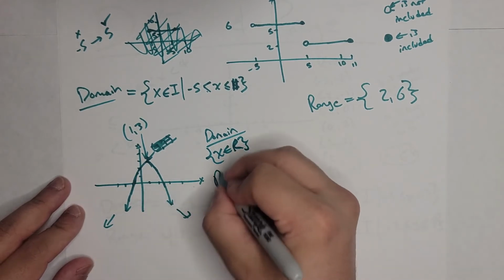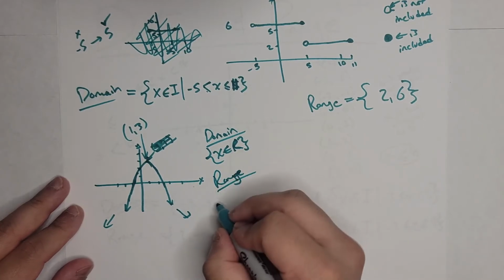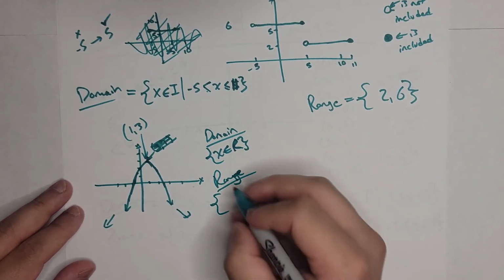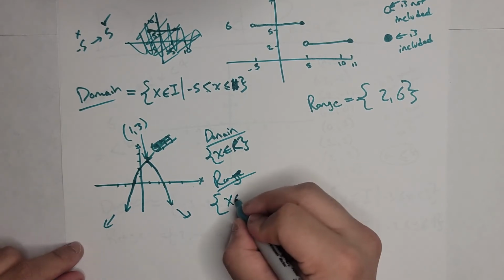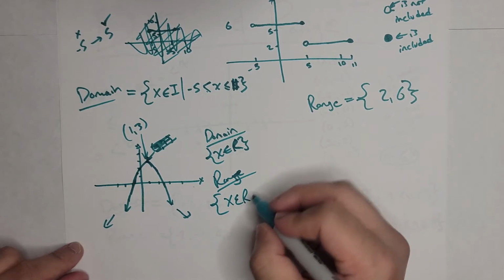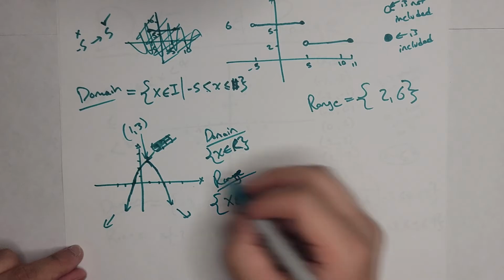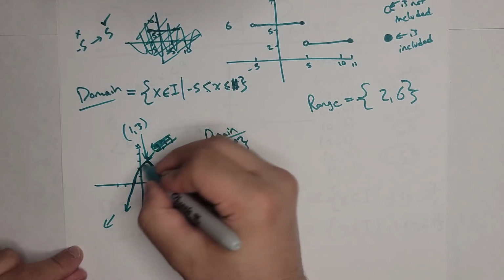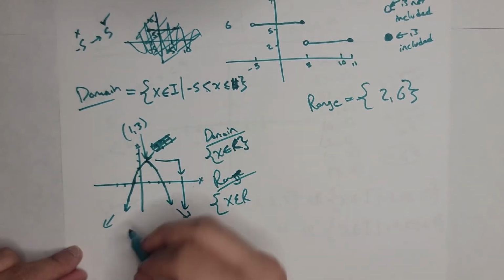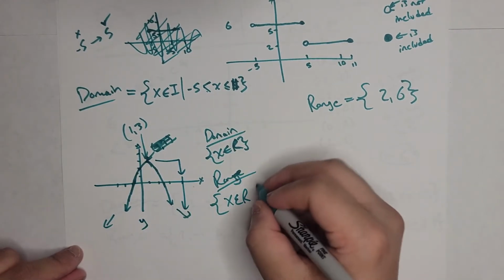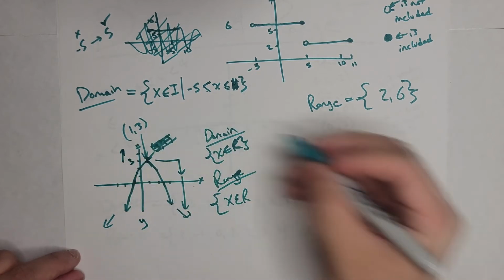And then for our range, we just have to look at the only restrictions we have, because from here and downwards we have all our y values, but from 3 and upwards we don't.